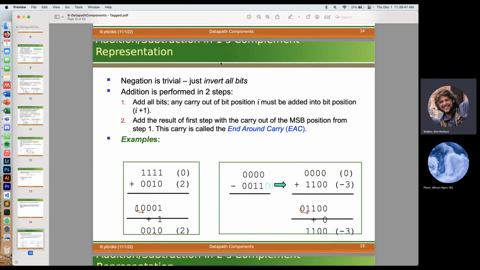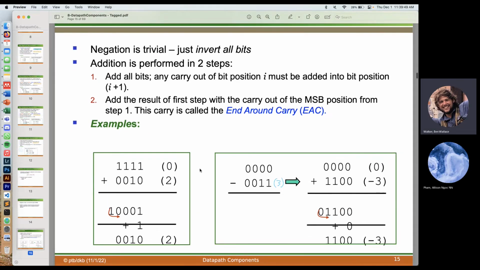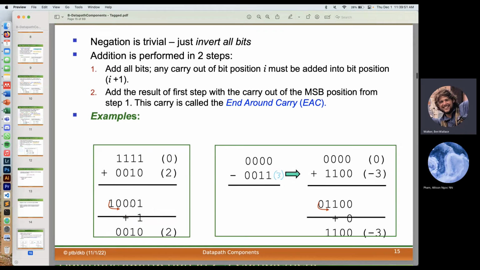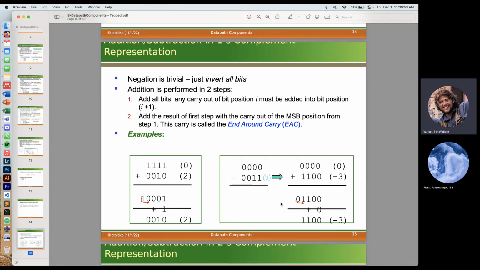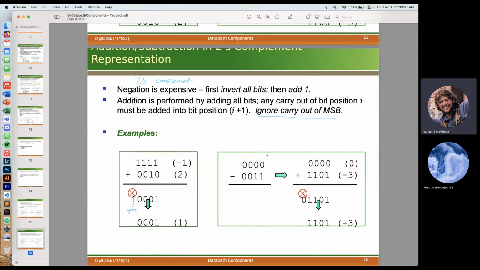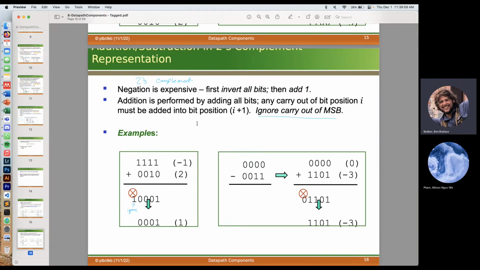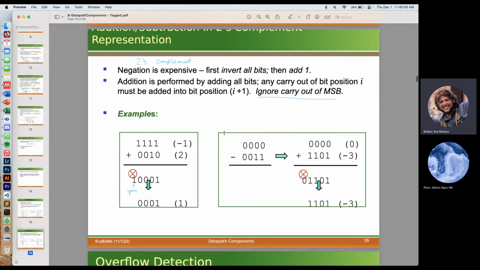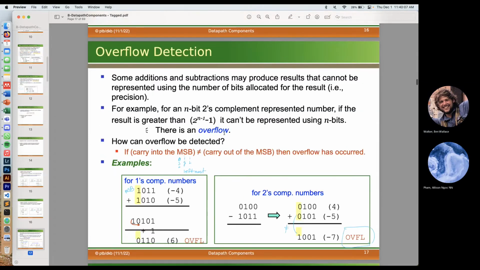Okay, this is for 1's complement. So you can see here you have to add a 1 after your operation if you're using 1's complement. So it's not a very straightforward process. However, if you have 2's complement, you don't have to worry about adding +1 because it's already in the number's representation. And this is a very natural way to represent signed integers.